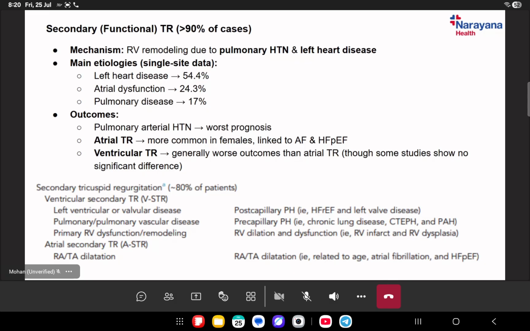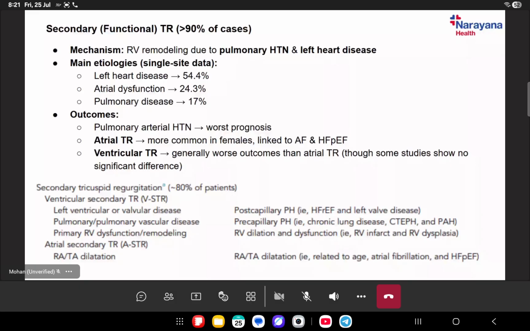Most of the time, we will have a moderate TR on the pre-op echo. Then we do a transesophageal echo on table, and it will obviously be mild because it is under the effect of anesthesia. That is the most common practical scenario where we would not want to address it.